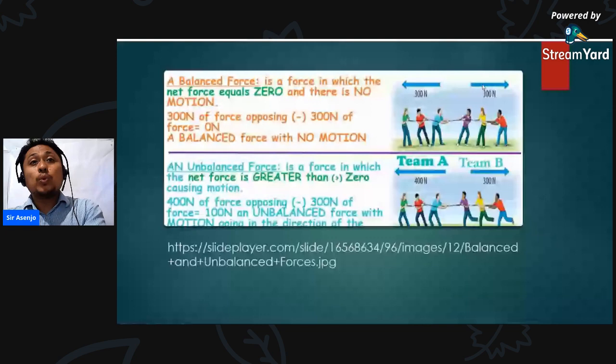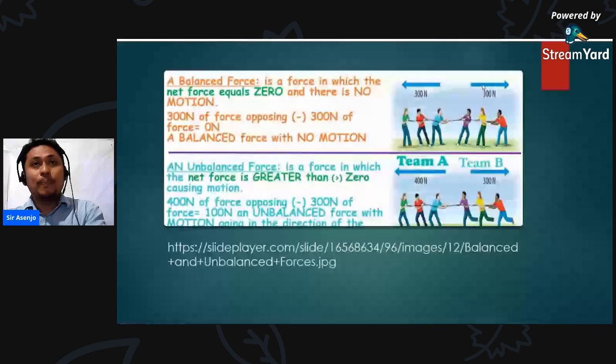There is no movement. The forces will cancel out. 300 newtons going to the right, 300 newtons going to the left. So there is no motion. So a balanced force causes no motion in this example.